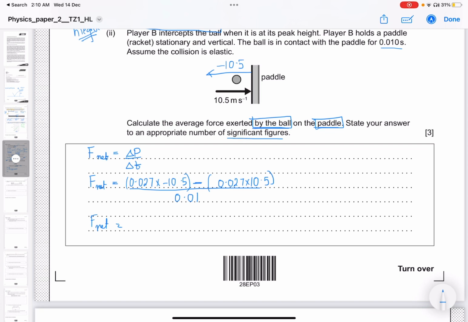Oh, silly mistake. 2.7 divided by 1000 would give me 0.0027, so I had an extra zero. Now let me punch the answer into the calculator again.